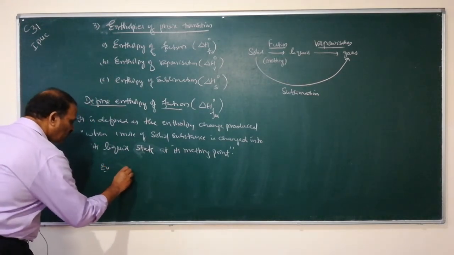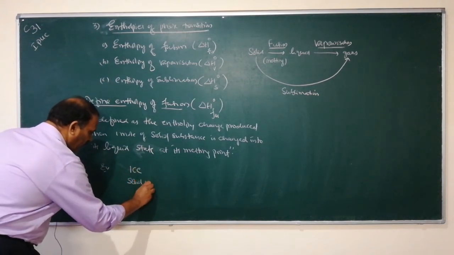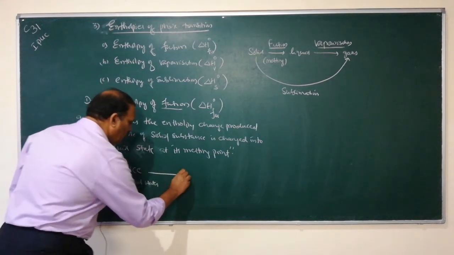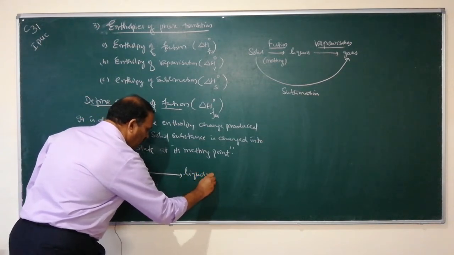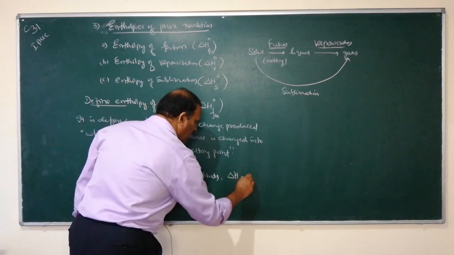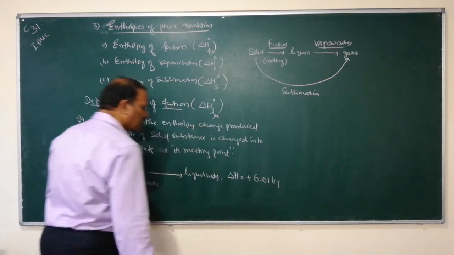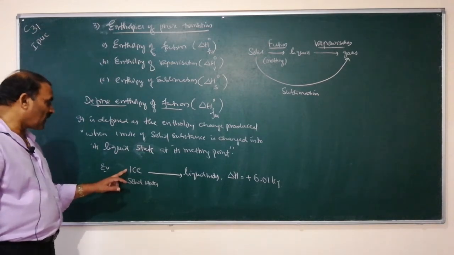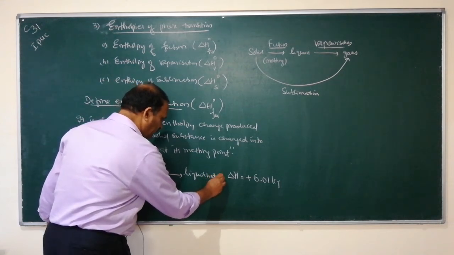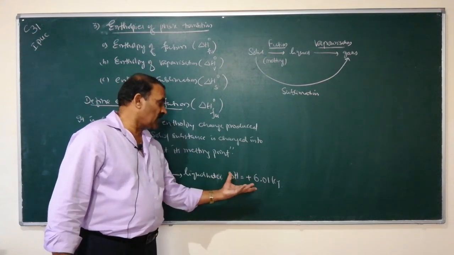Example, ice. So this is solid water. Solid water is converted into liquid water, delta H equals plus 6.01 kilojoules. So when 1 mole of ice is converted into liquid water, 6.01 kilojoules of heat is absorbed.